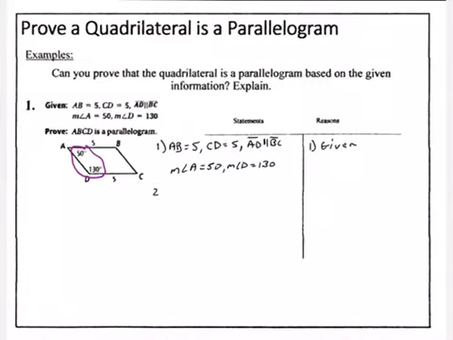So that'll be the next step we use. We're going to state that. So in step 2, we're going to say that the measure of angle A plus the measure of angle D equals 180. And we did this through angle addition property.